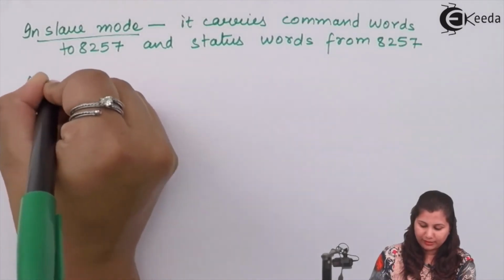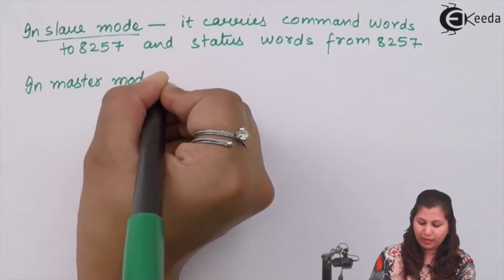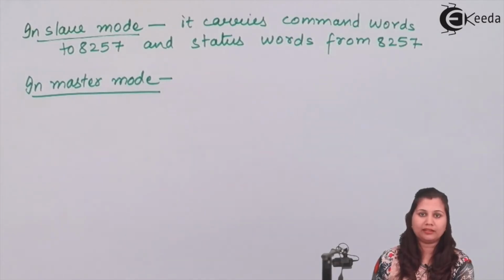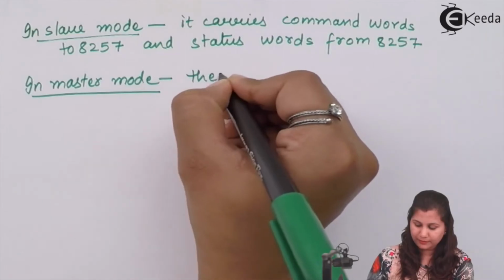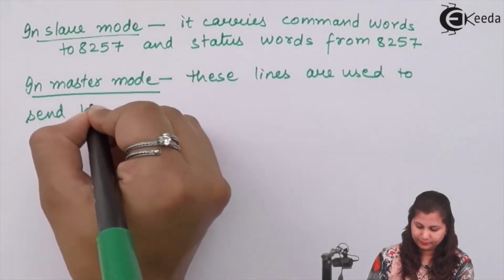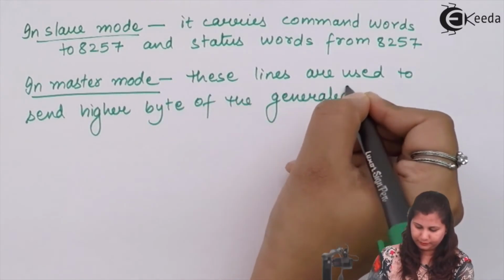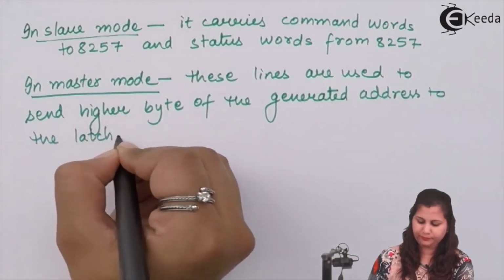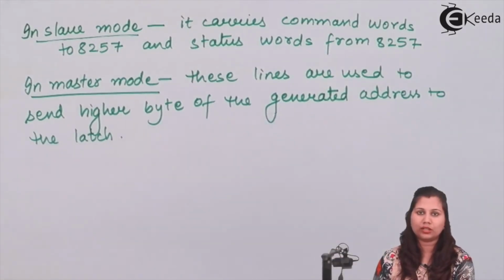Then we have the master mode, in which the master is the DMA and the peripheral device is the CPU. In master mode, these lines are used to send the higher byte of the generated address to the latch.